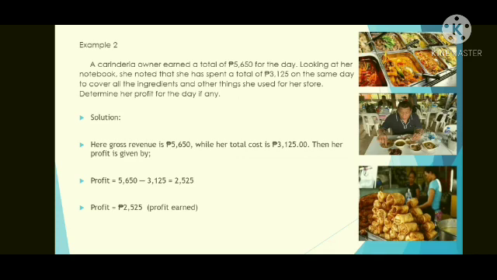That is equal to 5,650 minus 3,125, which will give us an amount of 2,525. Therefore, our profit earned is equal to 2,525 pesos.